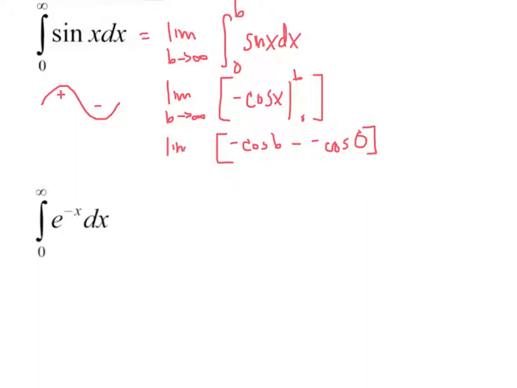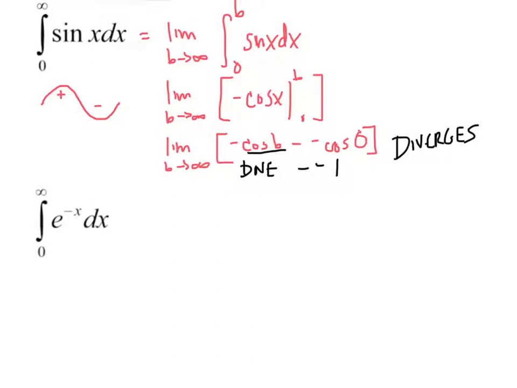And again, with our knowledge of cosine, this is 1, but this limit does not exist. And you could say, yeah, but it bounces between -1 and 1. Right, it does. Cosine bounces between -1 and 1, but a limit is approaching one number. So you can't say it bounces or it depends. So this diverges.